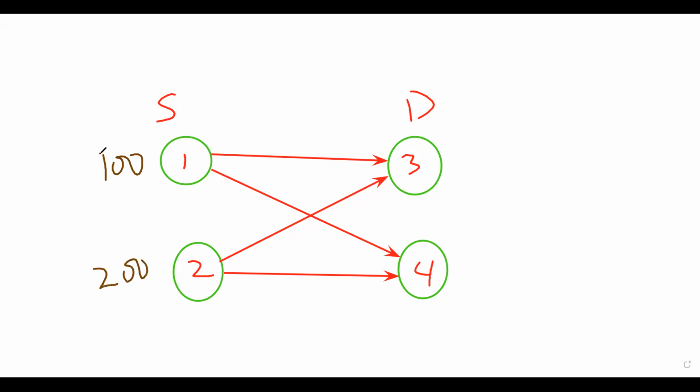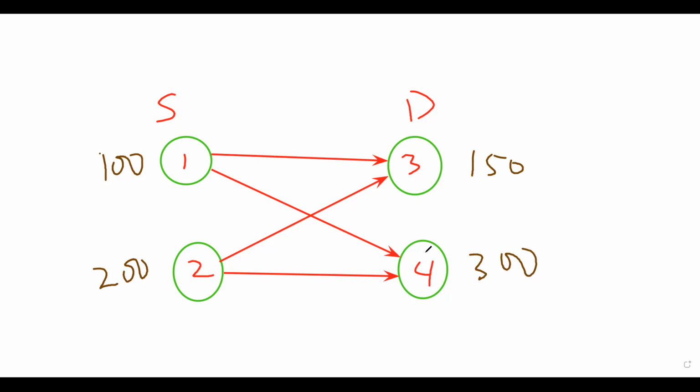I don't know the items, could be bags of rice. I'm transporting them to these demand nodes. However, how much is number 3 expecting? Number 3 is expecting 150, and then this one is expecting, let me say, 300, something like that.